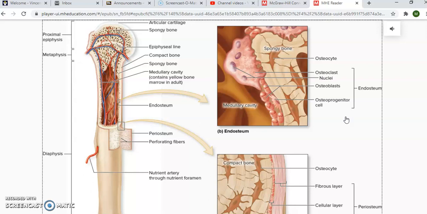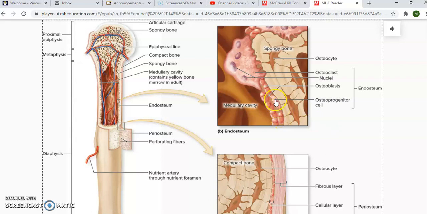So when the stratum basale cells do that, they produce a keratinocyte that'll move through the various layers of the epidermis and then eventually slough off. But the other daughter cell produced through mitosis stays in that stratum basale layer. So they are the cells that allow for the repair or replacement of that tissue, in that case the integument. The osteoprogenitor cells are doing that, but in our bones.